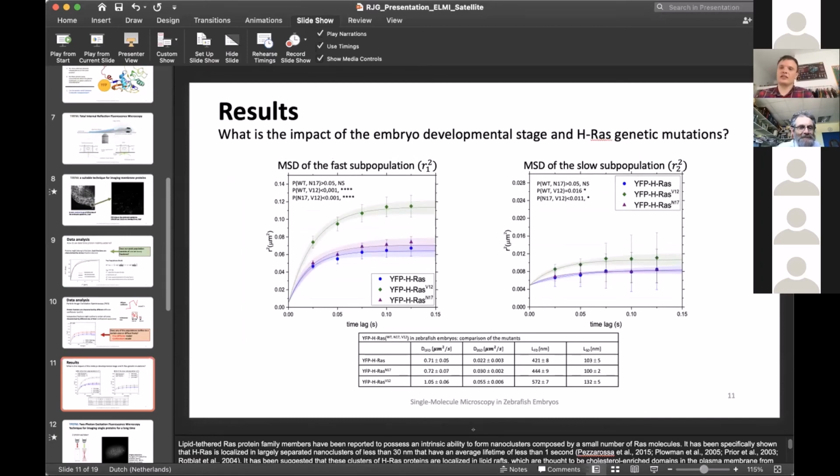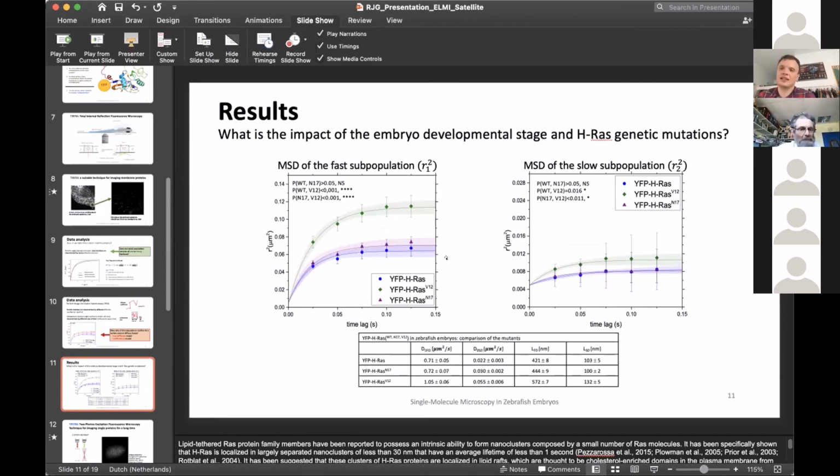Yeah, exactly. That is an interesting question, and I can tell you that, as explained before, the slow diffusing fractions, which were already reported to be confined, were mostly confined to the lipid rafts, but the active mutant, which is loaded with GTP, has a lower affinity to the lipid rafts and instead is confined by lipid independent microdomains.